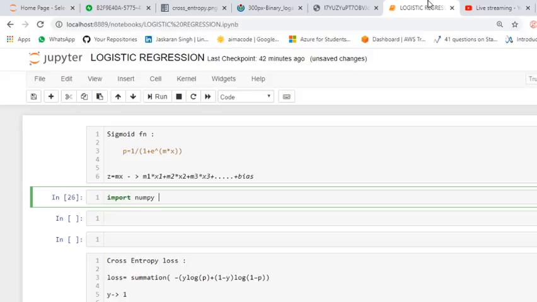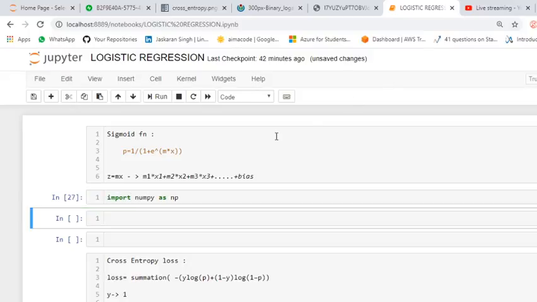importing numpy. Let's just create a synthetic data first.